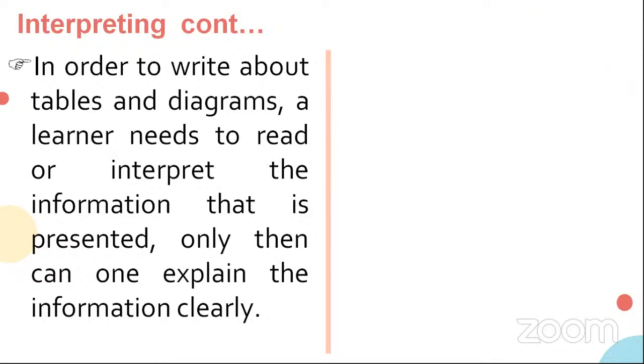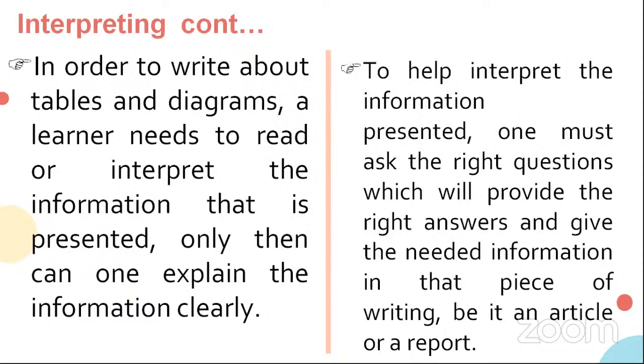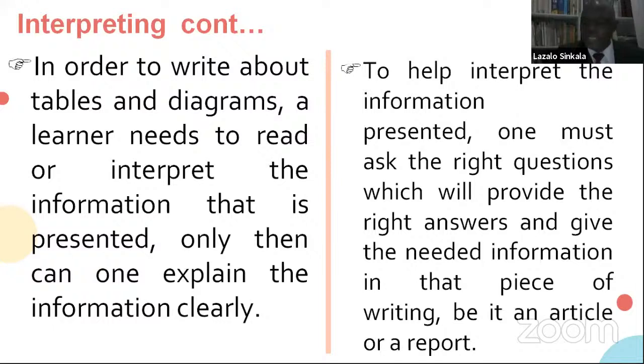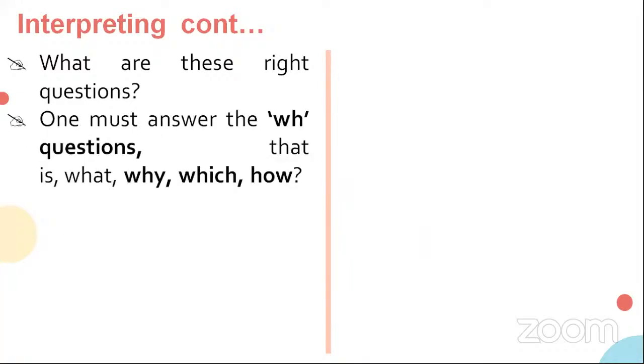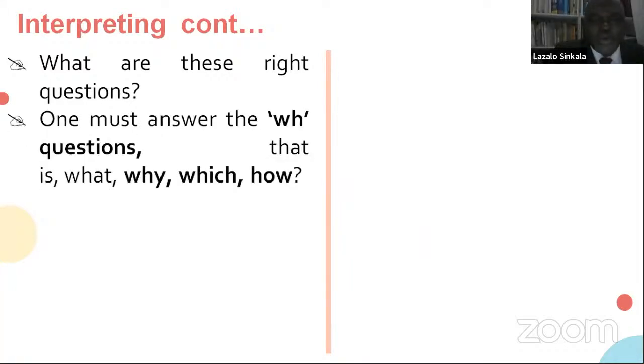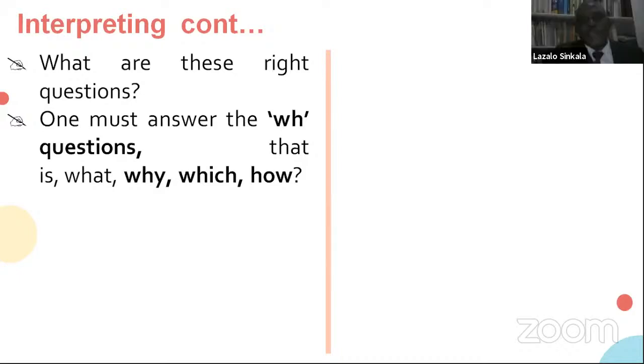To help interpret the information presented, one must ask the right questions, which will provide the right answers and give the needed information in that piece of writing, be it an article or a report. What are these right questions? One must always answer the WH questions. That is, what, why, which, and how.